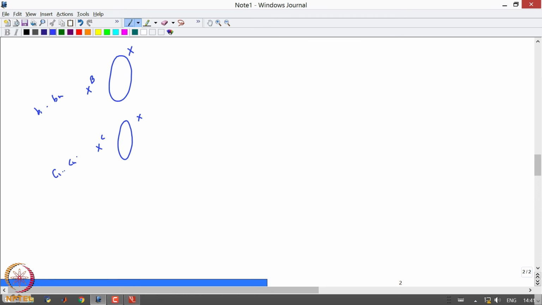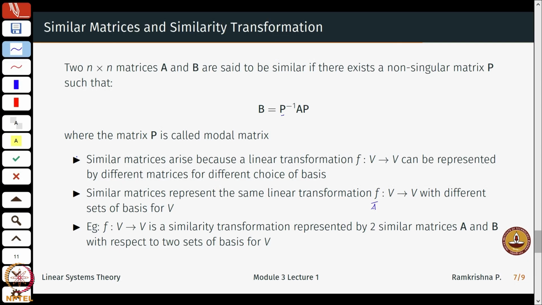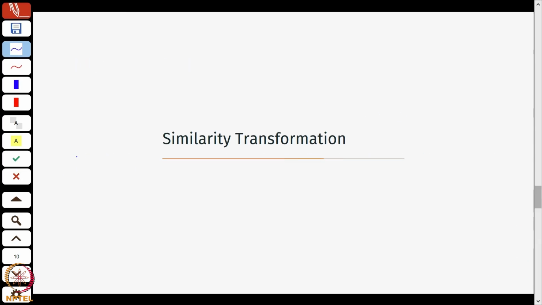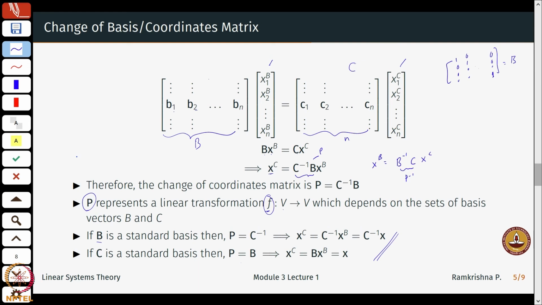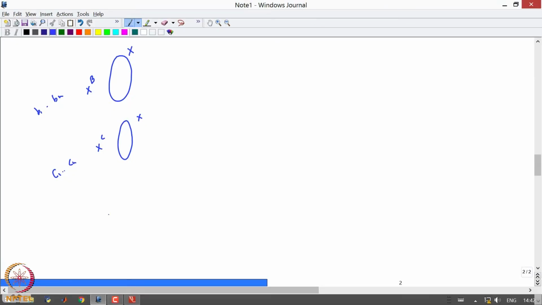Okay. So, what we saw is that if I were to rewrite this formula here, xc is P times xb. Let us rewrite that here: xc is P times xb.